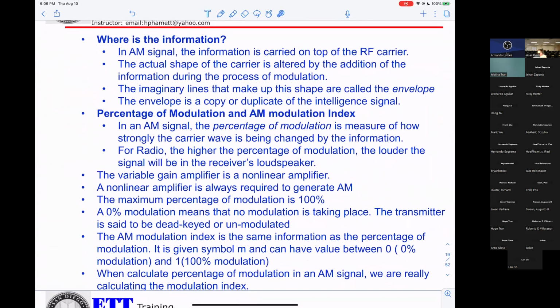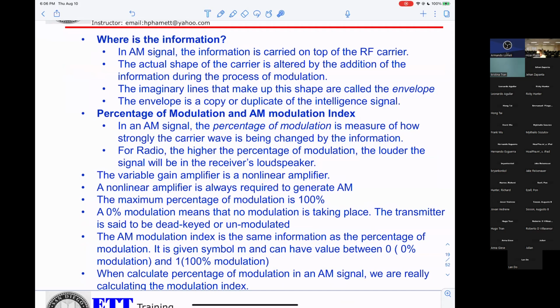What is the information? In an AM signal, the information is carried on top of the RF carrier. That means the carrier will carry your voice on the top. Okay.